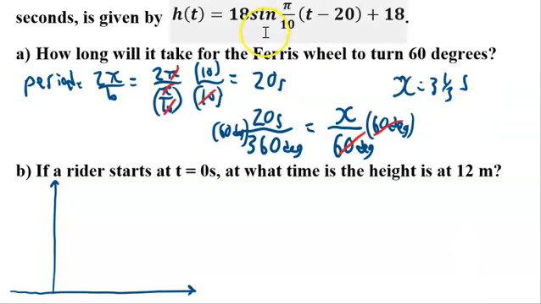and sine, remember, normally goes like this, and this part right here is the origin, and we're shifted up 18 from the origin. So let's call this 18. And this is a horizontal shift right by 20.